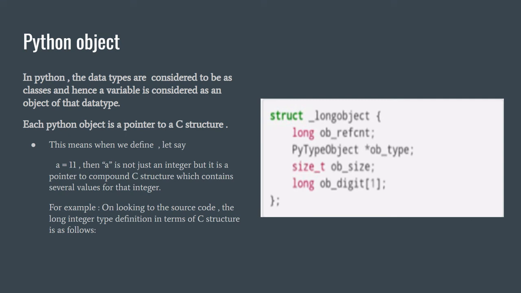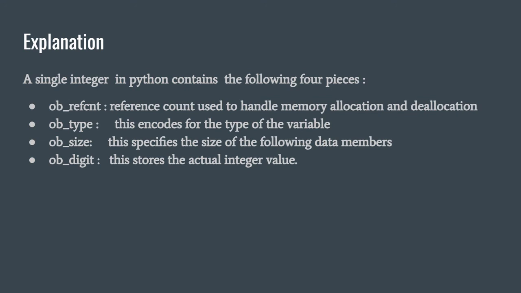Here the C structure of the long integer type is struct _longobject. Then these are the properties of that structure: object reference count, object type, object size, object digit, etc. I'll explain this in the next slide.